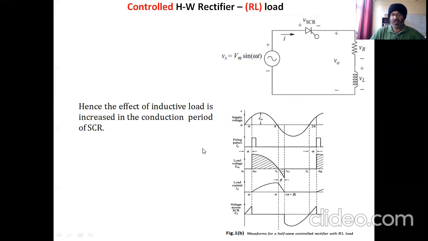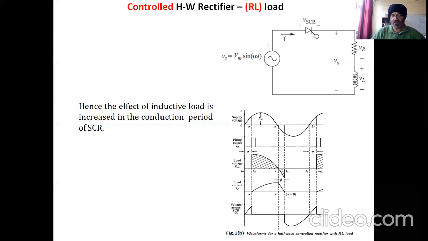So the behavior of this inductor shows us that the current can continue to flow after angle pi also. In that case, the conduction period is increased if we have inductance in the load.